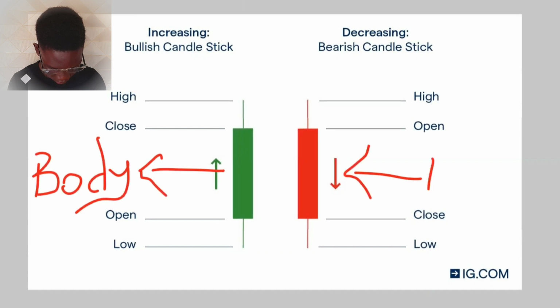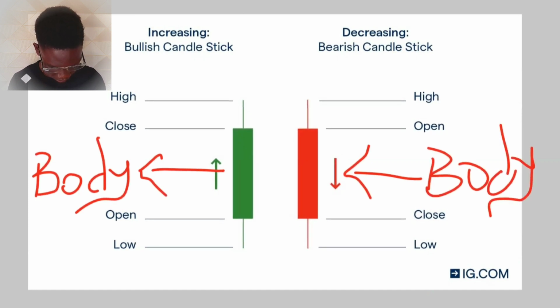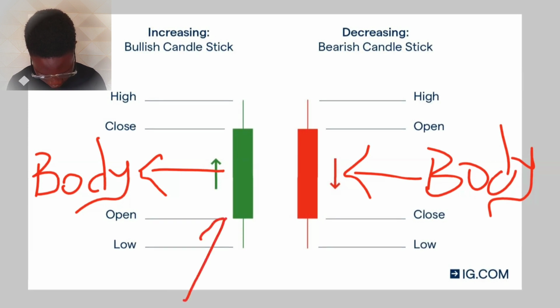Same thing here, body of the bearish candlestick. You should always know that when a new candlestick is forming, there is the opening price of the candlestick. So price opens here, then closes here.